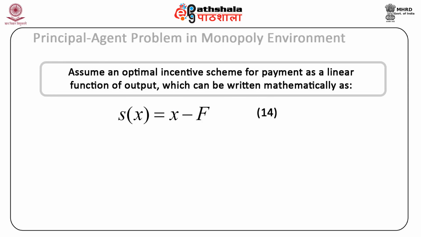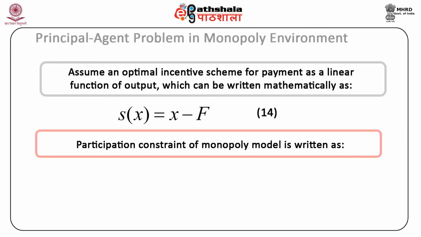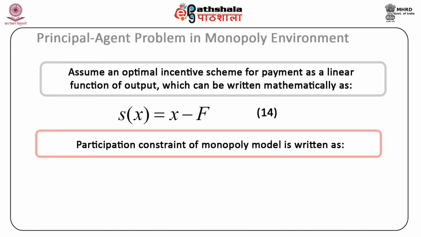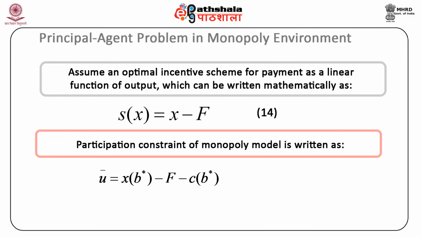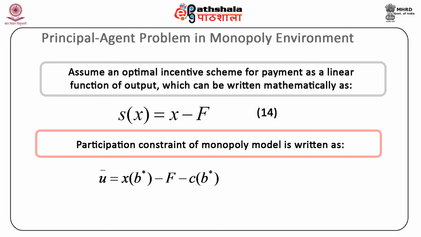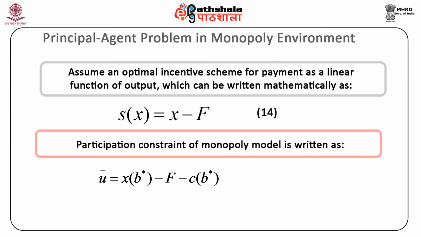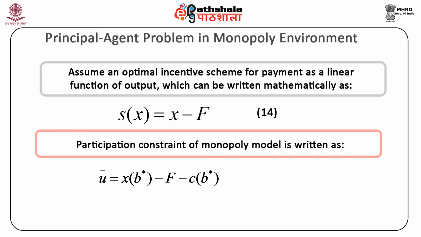This is condition 14. In passing note, participation constraint of monopoly model is written as U bar is equal to X(B star) minus capital F minus C(B star).